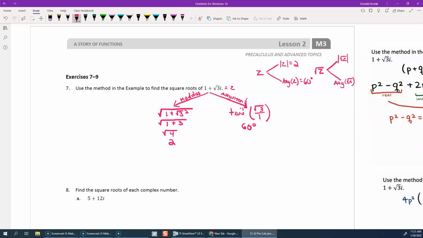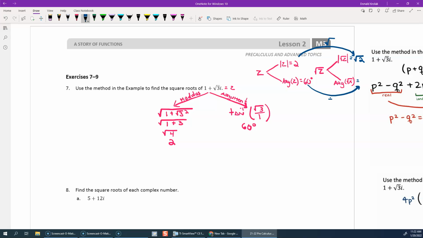Okay. So what's my modulus going to be? What do you do to this one to get that one? Square root it. What do we do to this to get this one?